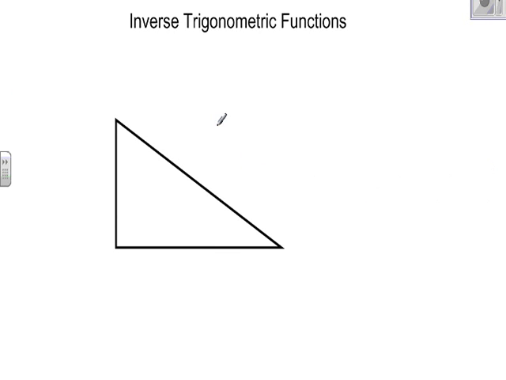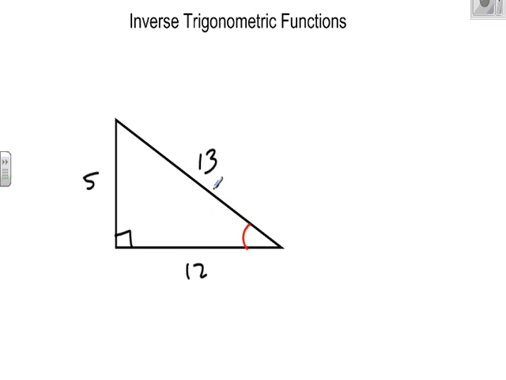Now you can also use trigonometry to figure out angles, and that's what the inverse trigonometric functions are for. So if we had a right triangle that was 5, 12, 13, and you want to find out what one of the angles were, you can use any of the inverse trigonometric functions.